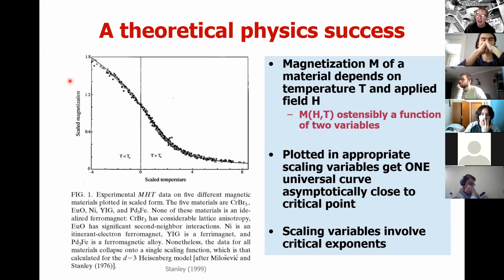And so you say, okay, fine, that's great, but I don't want to just know that it's universal. I want you to compute this particular function here, the solid line that goes through all these data. So you could say, well, I can easily do that. I can take a very detailed model of this material, CrBr3, whatever that means.